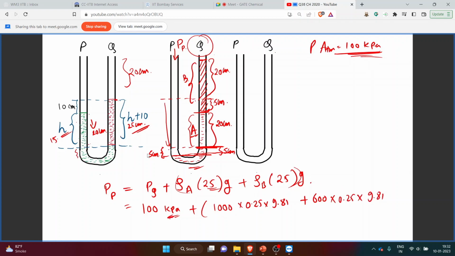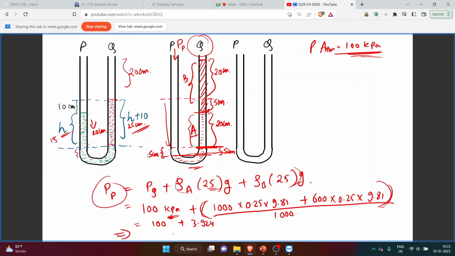To convert it into kilopascal, we will just divide the entire thing by 1000. So we can solve this and we will get 100 kilopascal plus, so this entire term will become 3.924.